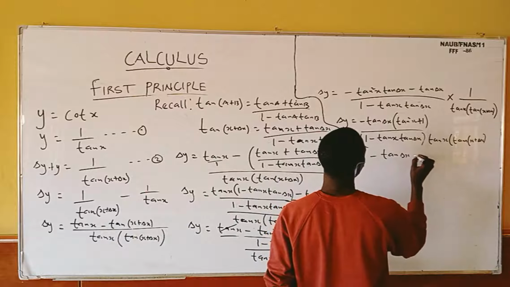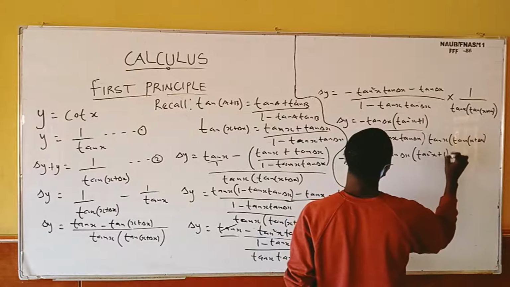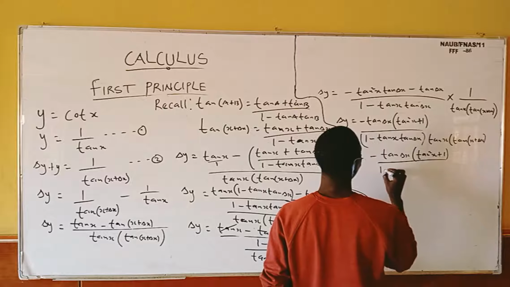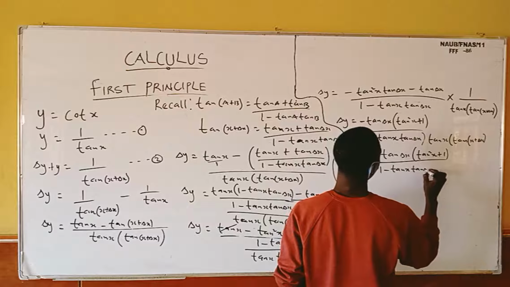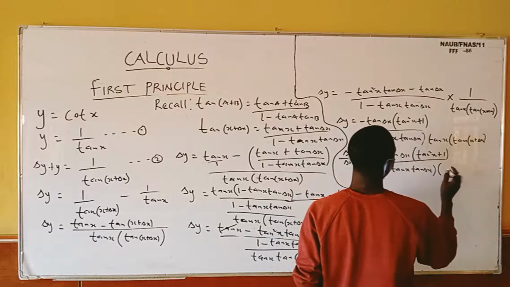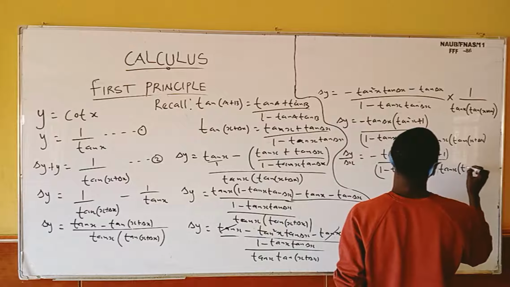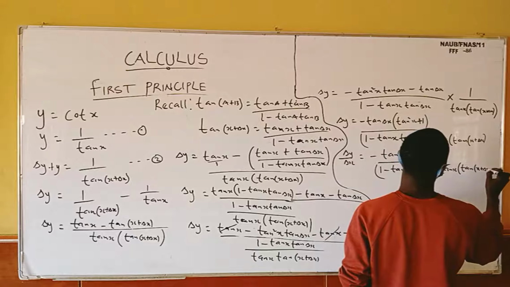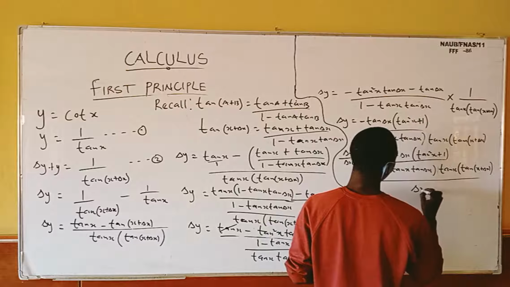tan change in s into tan square s plus 1 all over 1 minus tan s tan change in s, into tan s plus change in s, all over change in s.